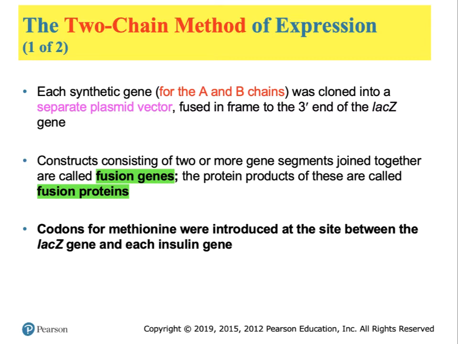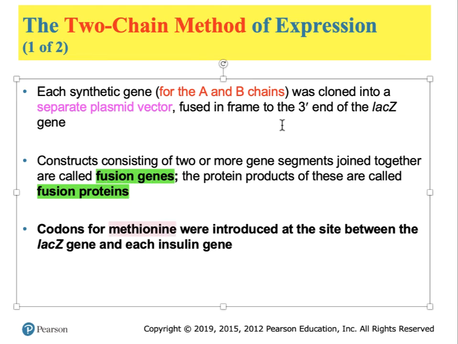In order to enable bacteria to make human insulin, a number of significant manipulations were necessary, including the construction of fusion genes so that fusion proteins could be produced. In this case, the fusion gene was the reporter lacZ gene fused to either the A or the B chain DNA sequence.